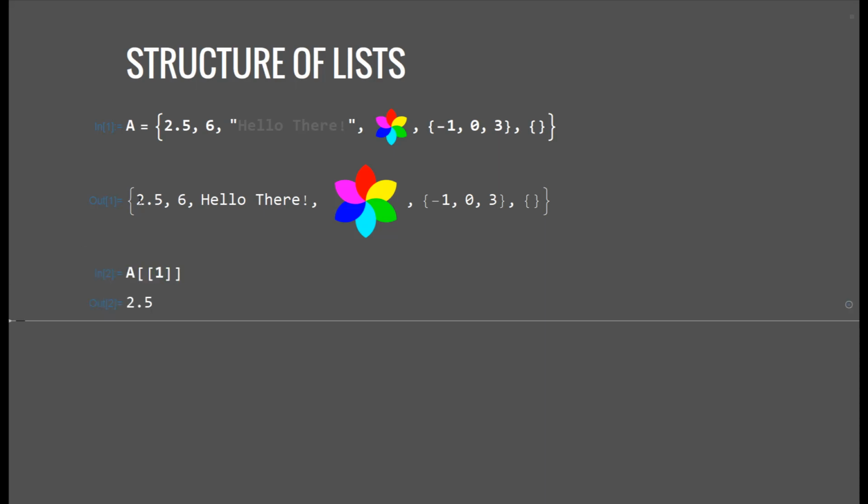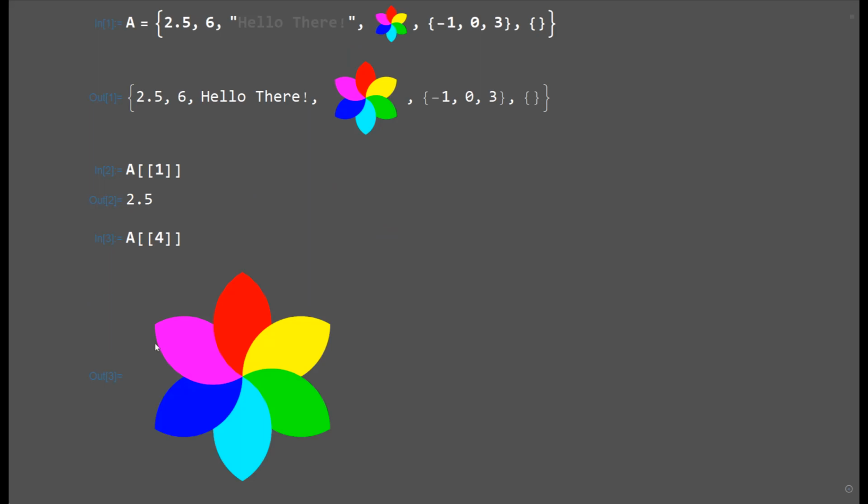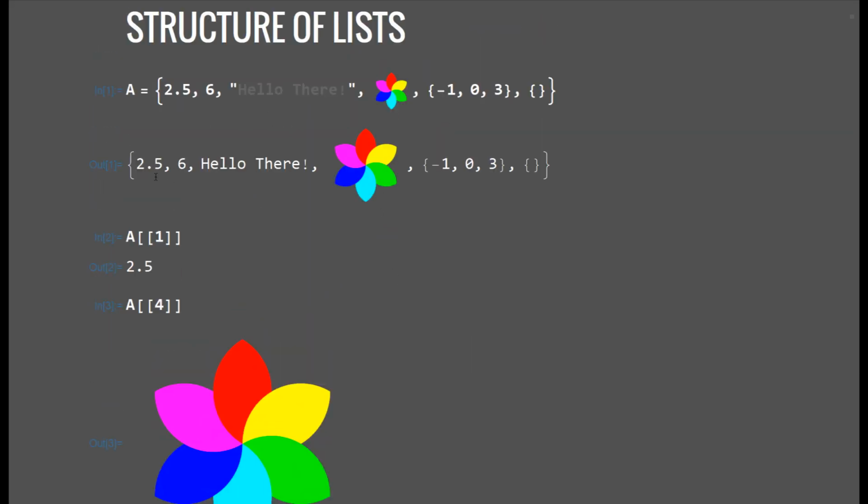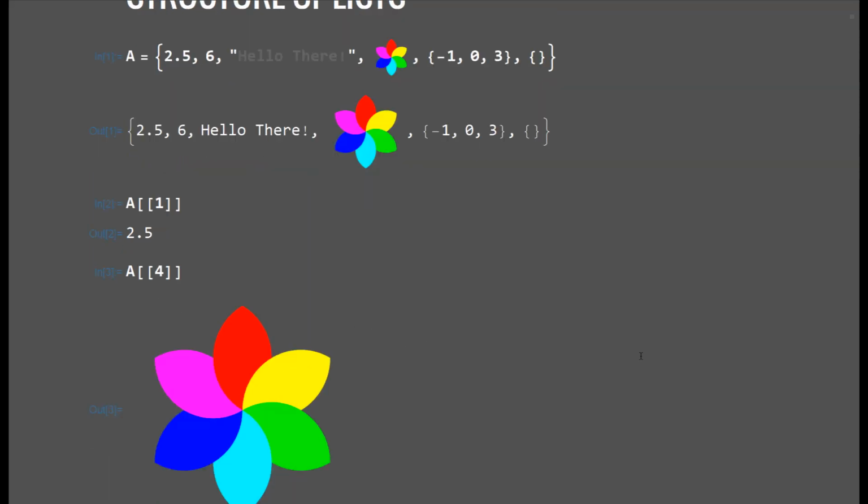So the first element here will be 2.5. Similarly, we can talk about other elements in that list. So for example, the fourth element in that list is that picture. So you can put all of these structures together in one single list, all of them.